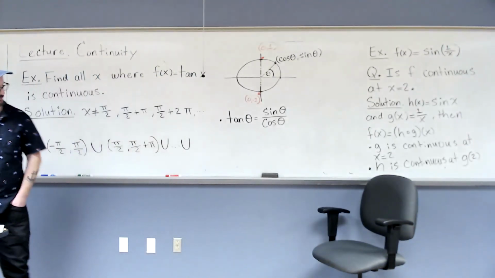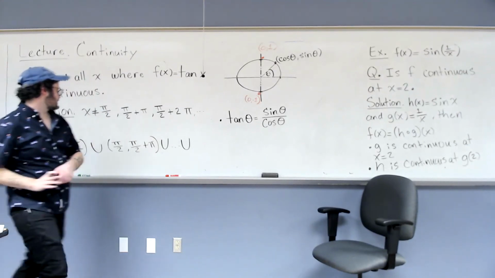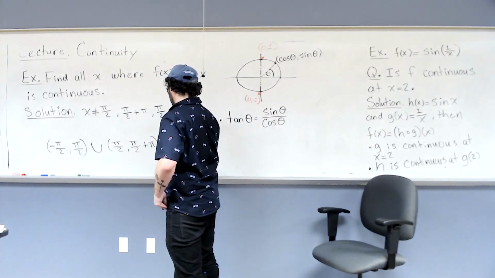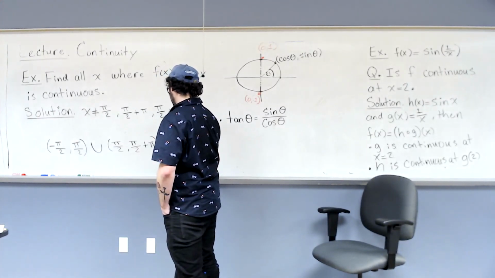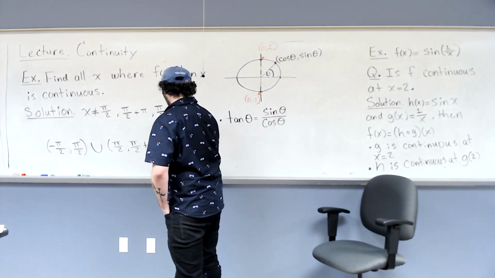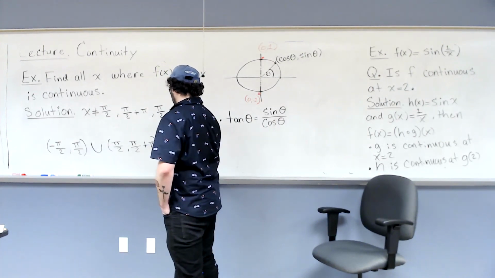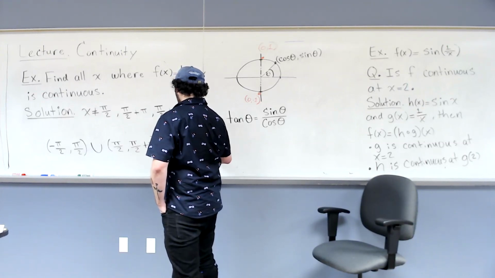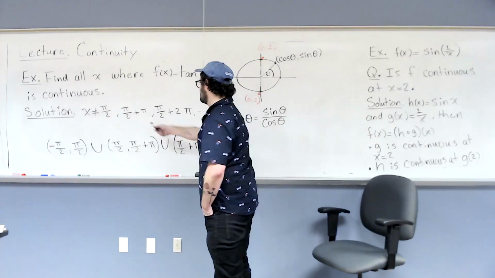We could just write it like this, so that you really see the pattern. Pi over 2 again. And then the next one's there.